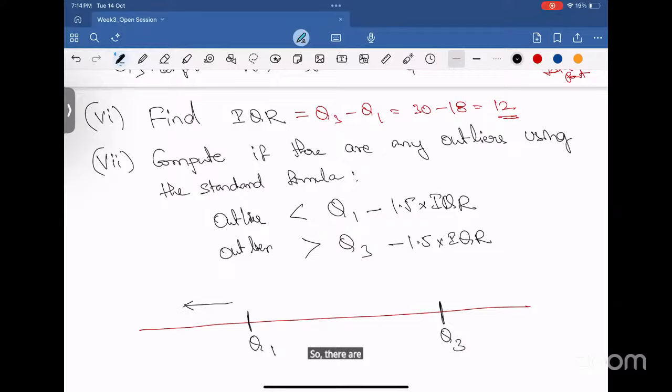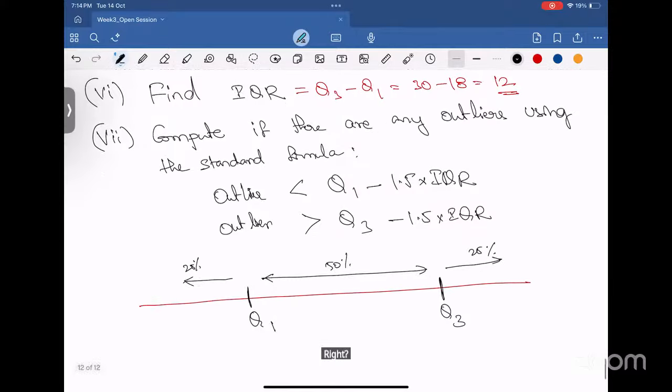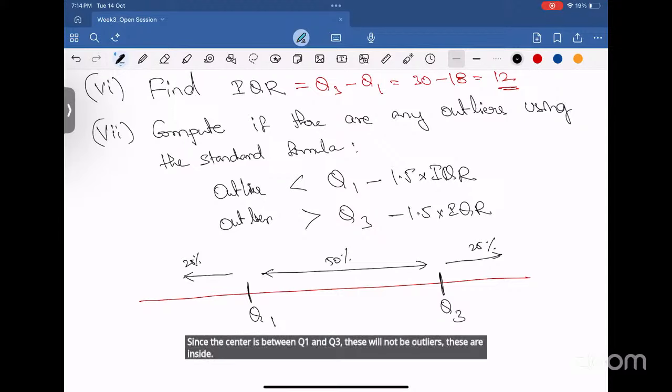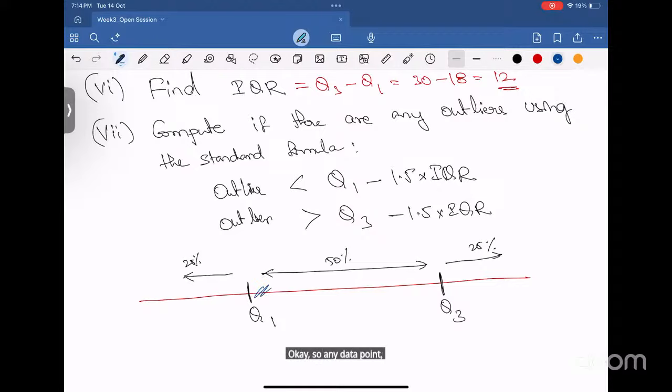There are 25% observations to the left of Q1, 25% observations to the right of Q3, and the center has 50%. So Q1 to Q3 has 50% of the data. Since the center is between Q1 and Q3, these will not be outliers; these are inside. Any data point between Q1 and Q3 is inside, so you don't have to worry about this.